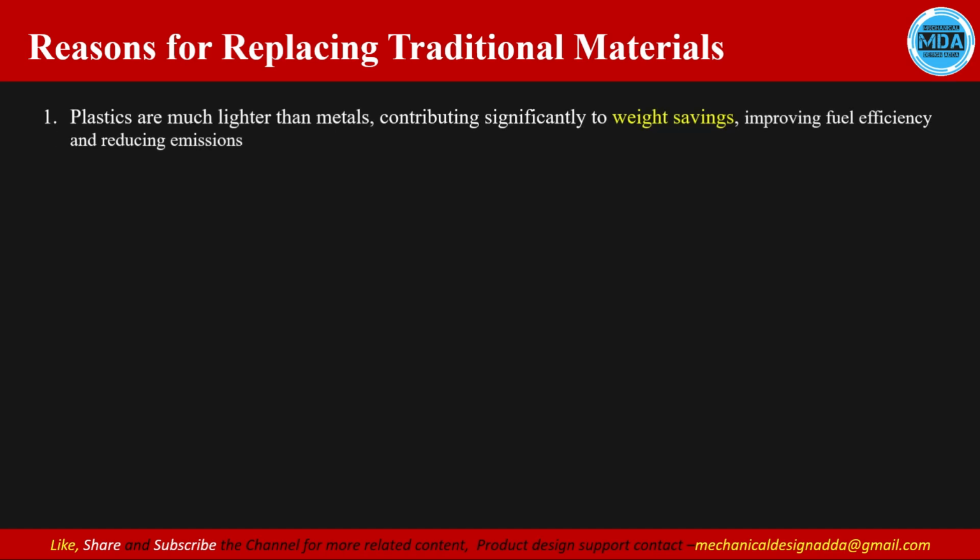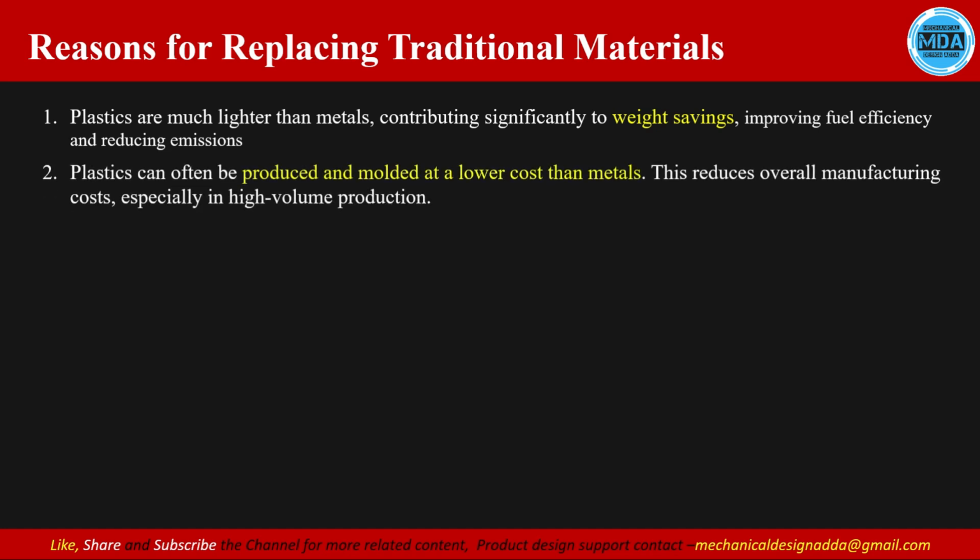So why are we replacing the traditional material with plastic material? Plastic material saves weight, improves efficiency and reduces emissions, and the production and manufacturing cost of plastics is very low compared with metal if we are going with high volume production.